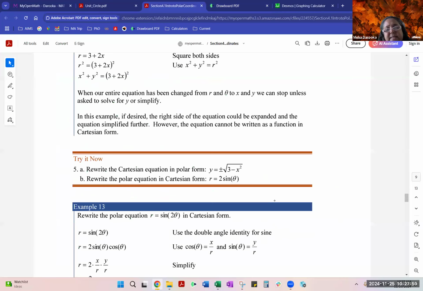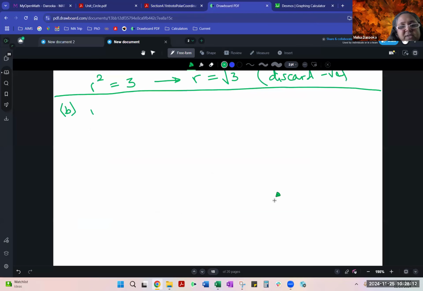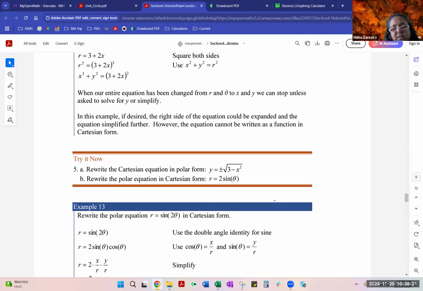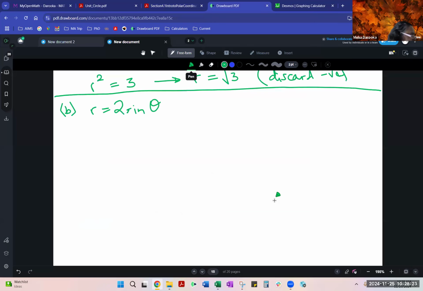Part B is given to us as a polar equation. So you have r equals 2 times sine of theta, and we're converting it to the Cartesian form, which means getting rid of r and theta and bringing in the x and y. Okay, so r equals 2 times sine of theta.